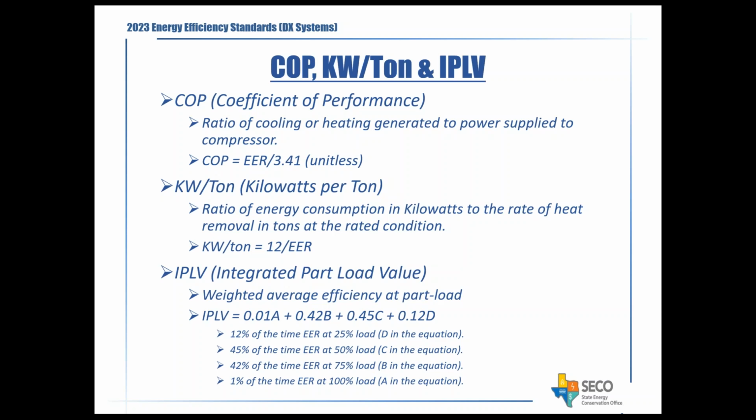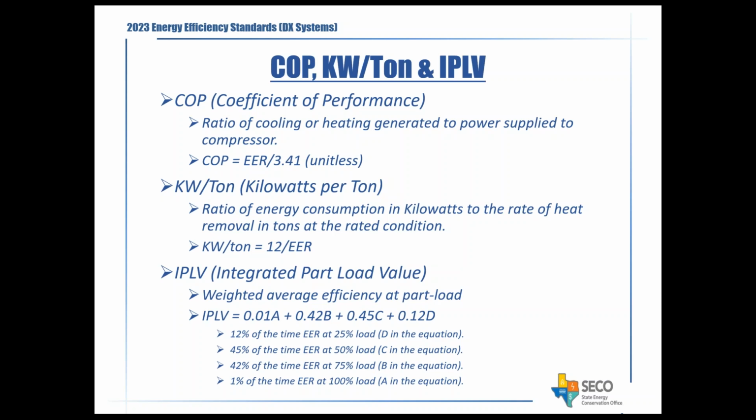The IPLV is the integrated part load value, a weighted average efficiency at part load conditions. And these are mostly for chillers. Because what they realize is the chiller usually is working at peak load only about 1% of the time, and mostly it is in different part load conditions.